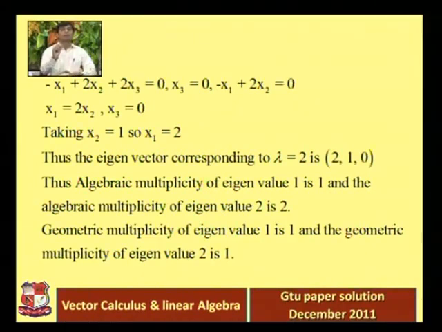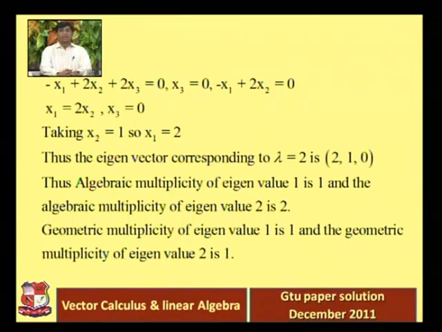Corresponding to lambda is equal to 1 we have only one eigenvector, so the geometric multiplicity of eigenvalue 1 is 1. Now 2 occurs 2 times as an eigenvalue, but corresponding to lambda is equal to 2 we have only one eigenvector. So the geometric multiplicity of eigenvalue 2 is 1.